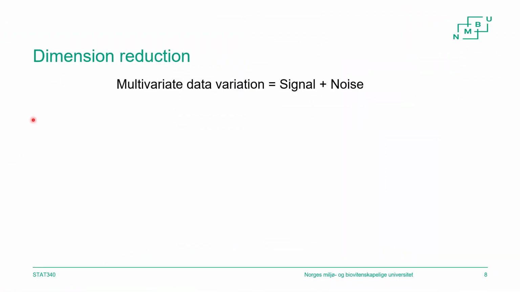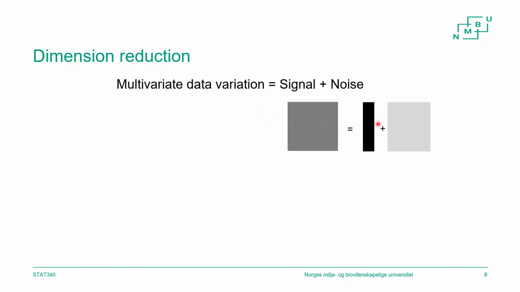So we have seen the idea for finding the principal components. When we have found them, what do we do? And this is actually the crucial point: dimension reduction. Remember this model here, right? The full variation is signal plus noise. Full data set, the signal plus noise.